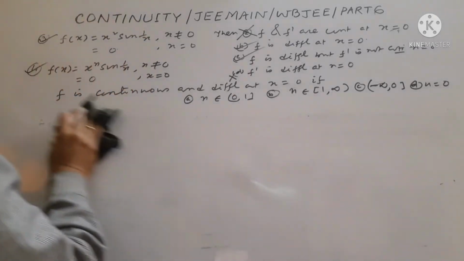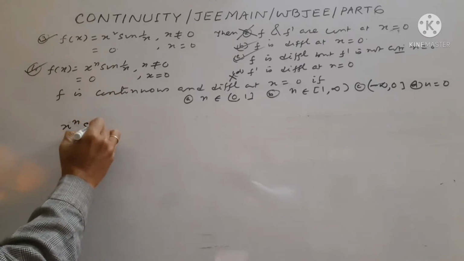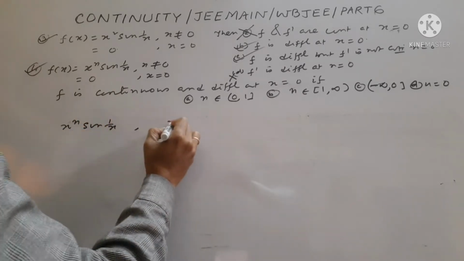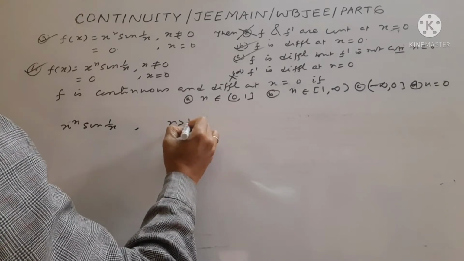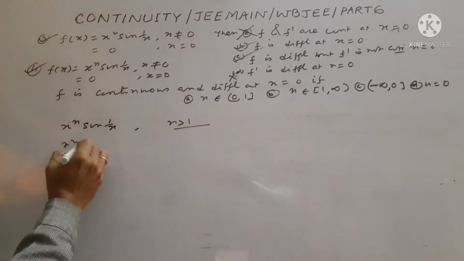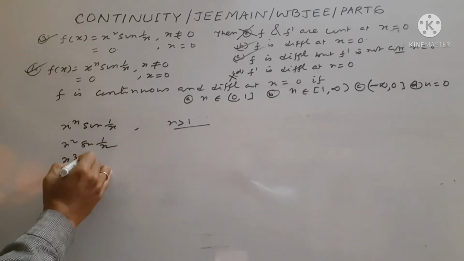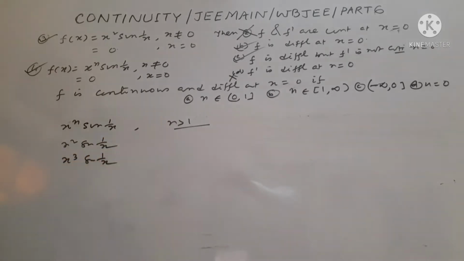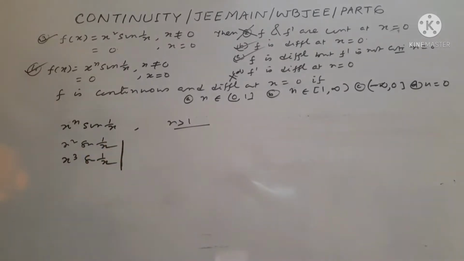Now this one, x to the power n sin(1/x). You remember it. If n is greater than 1, then it is x² sin(1/x), x³ sin(1/x). So for n greater than 1, it is differentiable.